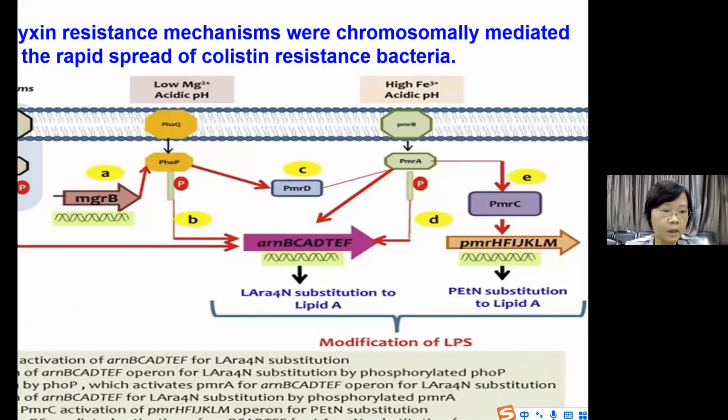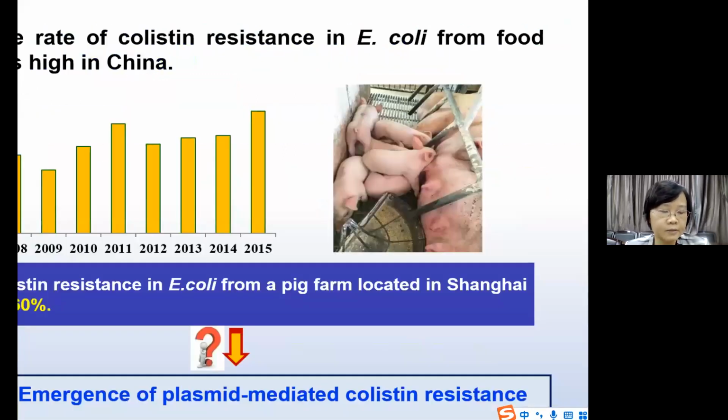In the past, it was believed that the resistance mechanism of colistin is mediated by chromosomes, and there is no transferable resistance mechanism.